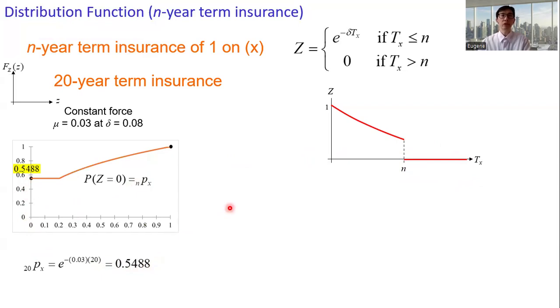And then if the individual dies within the n-year period, the minimum value of Z occurs at Tx equals n. The corresponding value of Z is e to the power minus delta n. And in this illustration, the minimum value of Z if Tx is less than or equal to n is 0.2019.